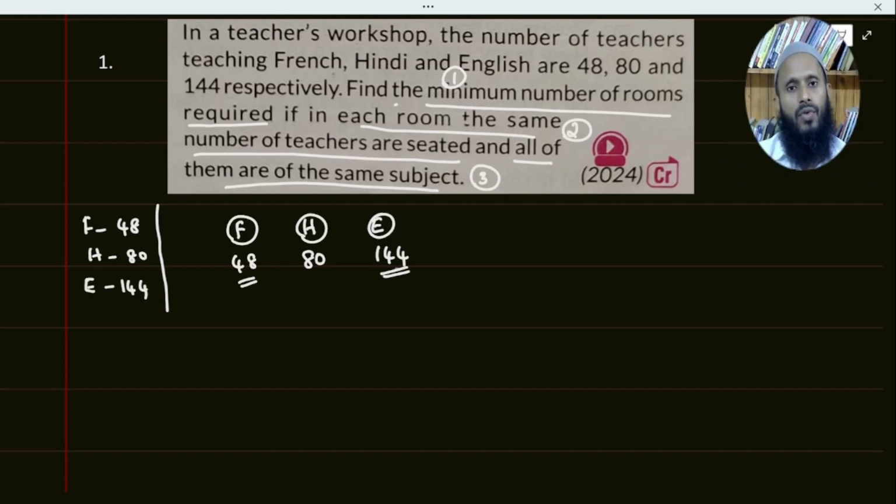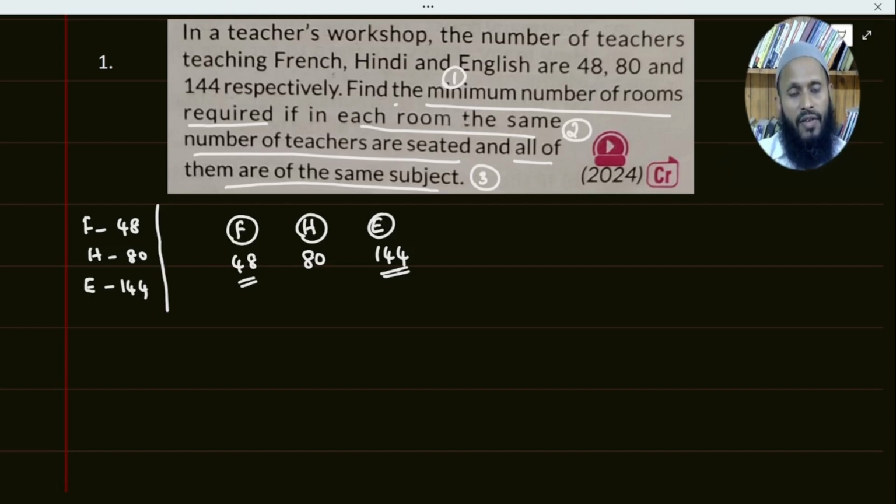But wait, for me to use the minimum number of rooms for all these teachers, a common factor is not enough actually. What I need is the highest common factor. Out of those common factors, I have to find the highest common factor so that the maximum number of teachers can be filled in a single room.